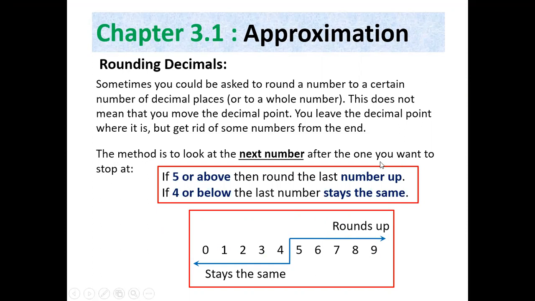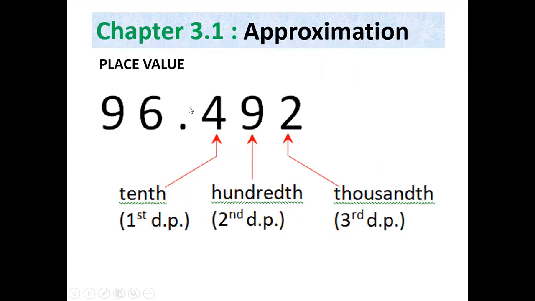Okay. Now continue with place value. So what is the place value after decimals? The place value after decimals uses "th". This is units. This is tenths.